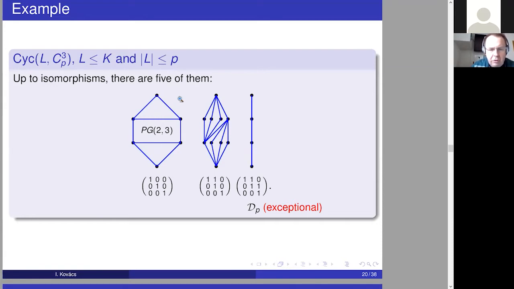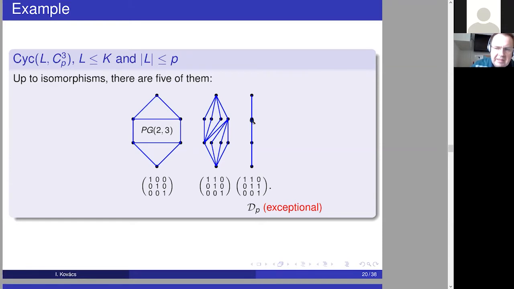If the group is of order p, there are two options based on the Jordan normal form. The group generated by this one has this lattice, and the group generated by this one has this lattice. Here is the difference, and why I call it exceptional, which will play an important role for us later: here every basic set is a coset, but here there is a subgroup of order p containing all the singletons and basic sets, and you have a subgroup of order p squared.